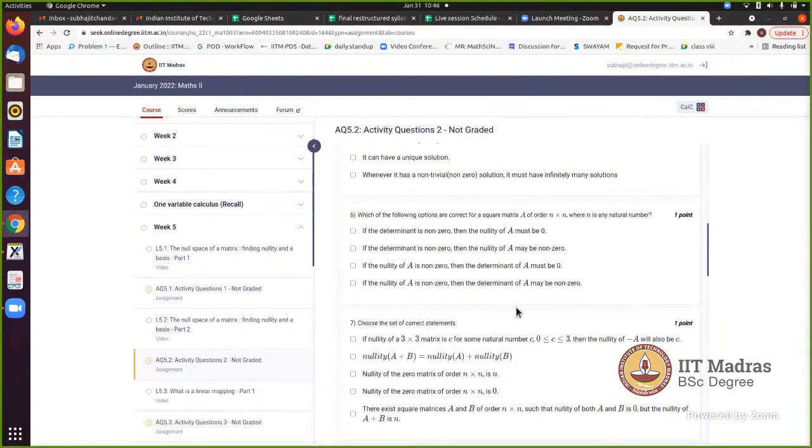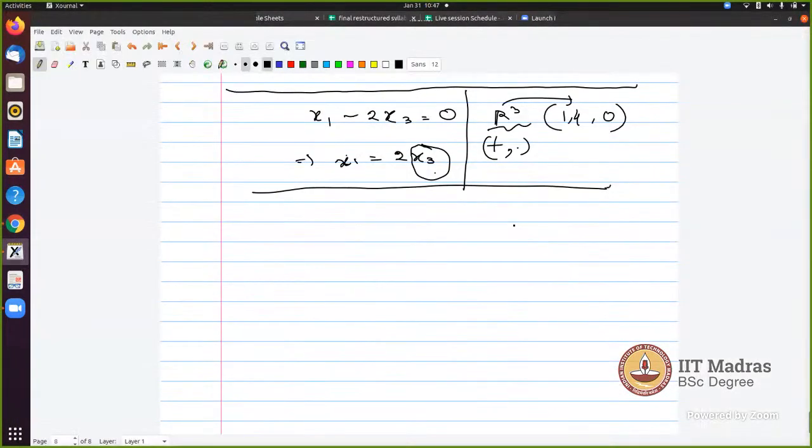So suppose all the rows are independent for an n cross n matrix. Then what is the rank? Suppose I have an n cross n matrix and determinant of A is non-zero.